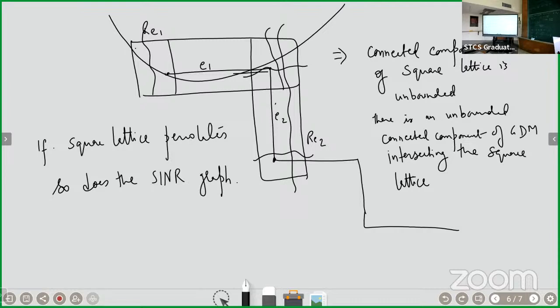So if you put these two things together, what you get is that as long as the square lattice percolates, the SINR graph also percolates. Now all I have to understand is when does the square lattice percolate, which is controlled by the two events AE and BE. So I have to somehow prove that the probability of AE and BE is greater than some critical threshold.